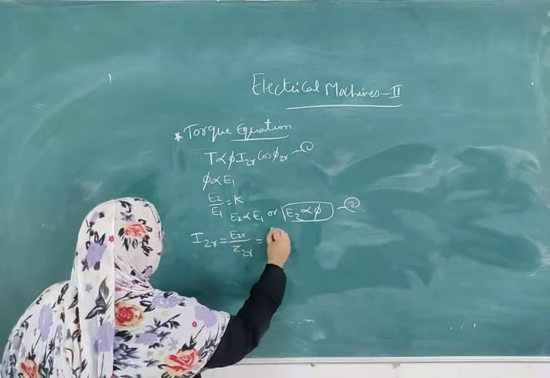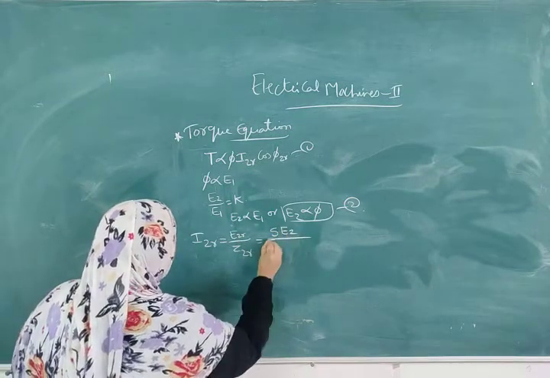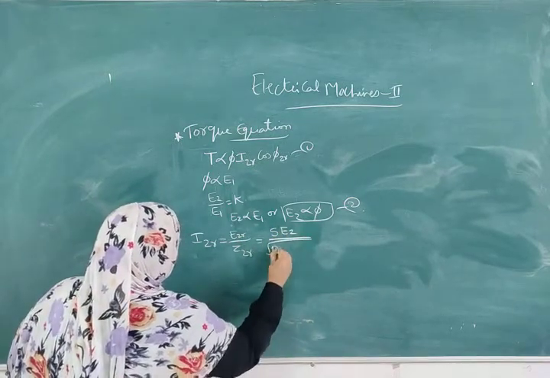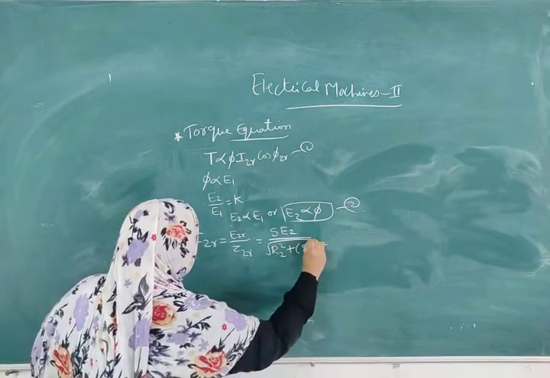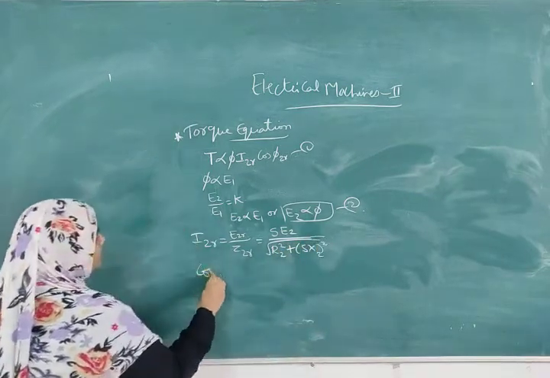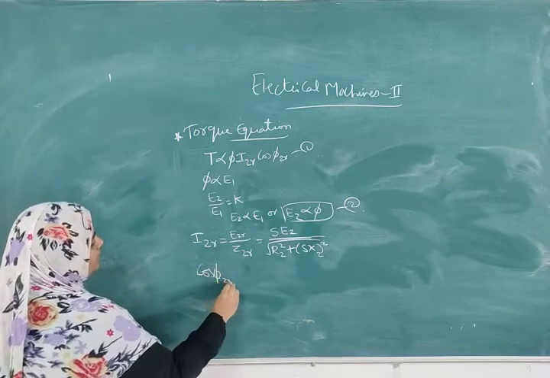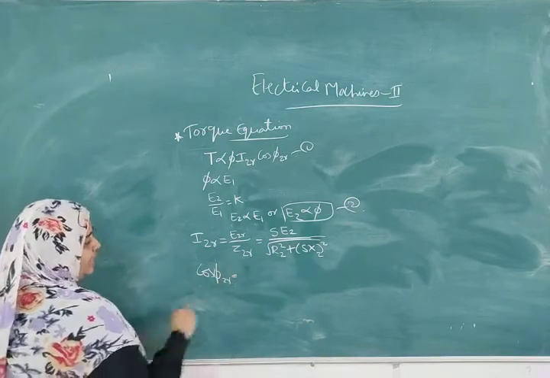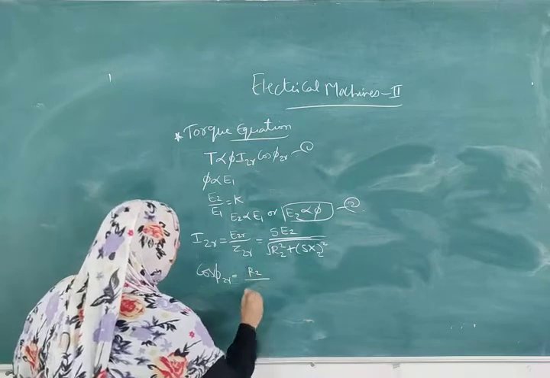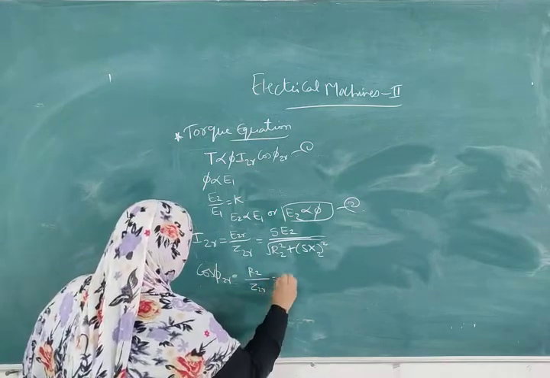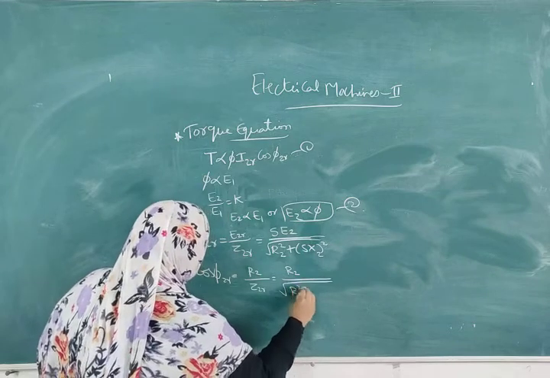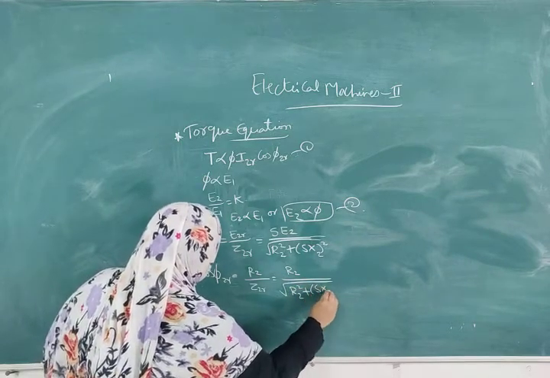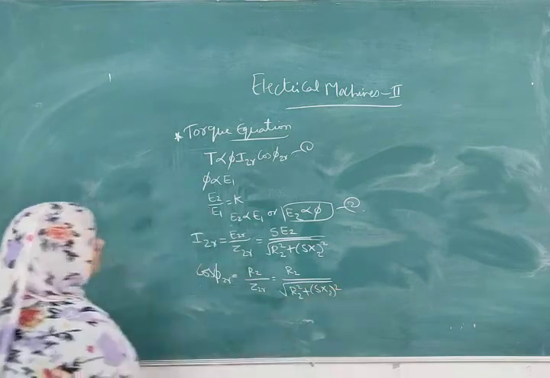That is, E2R we got as SE2, and Z2R we got as under root R2 square plus SX2 whole square. Cos phi 2R we also got from the impedance triangle as R2 divided by Z2R, that is R2 by under root R2 square plus SX2 whole square.